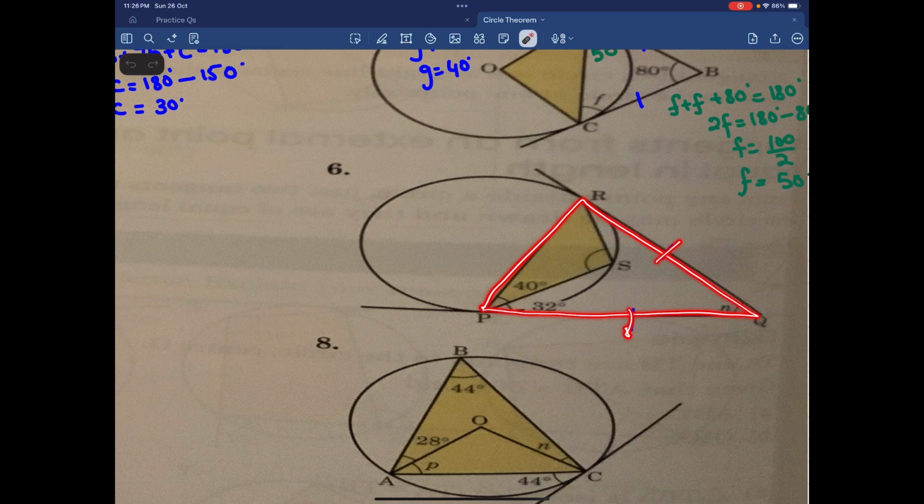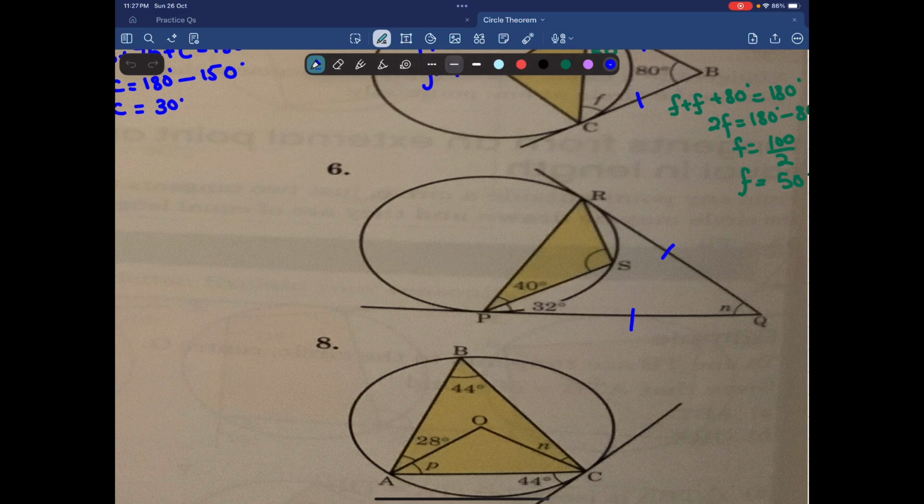So if this angle is 40 plus 32, which gives us 72, then this angle is also going to be 72, right? And then we can find the value of n, because the sum of interior angles of a triangle is 180. So 72 plus 72 plus n should be 180.